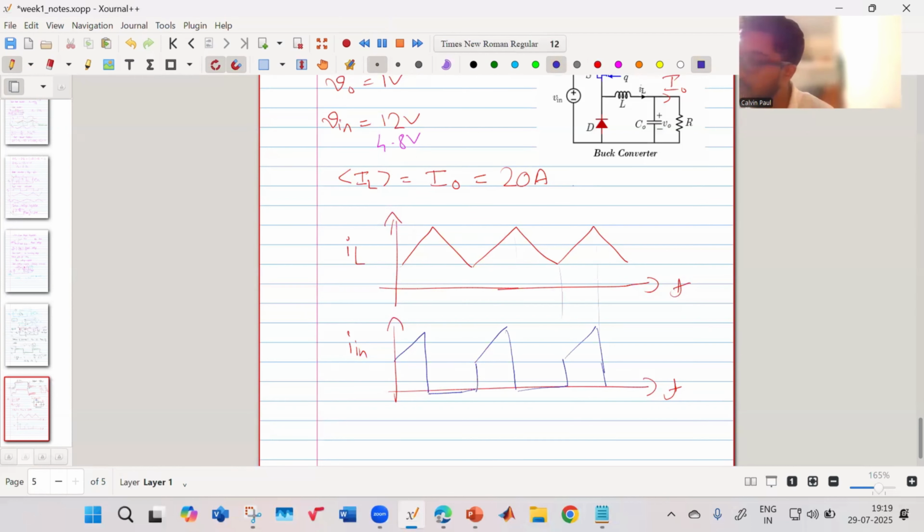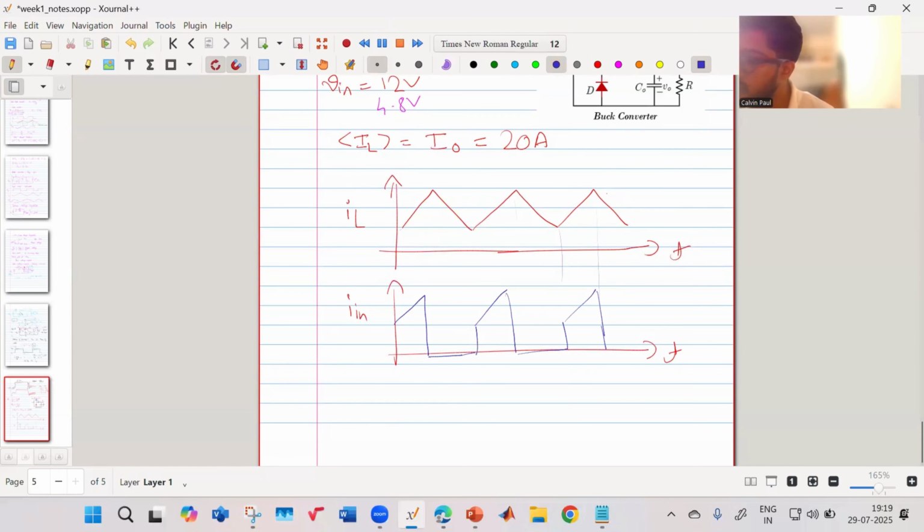So what we have to do is find the average of this. How do we find it? The input current is on during the dT time, and during the 1 minus d time, it is off.